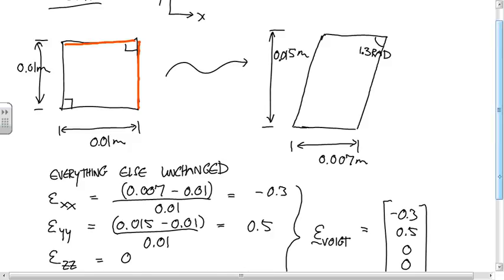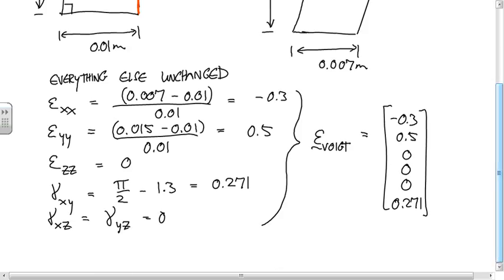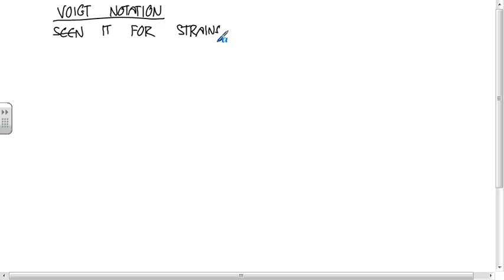So now I've mentioned Voigt notation for strains. But you can also write the stresses in Voigt notation.